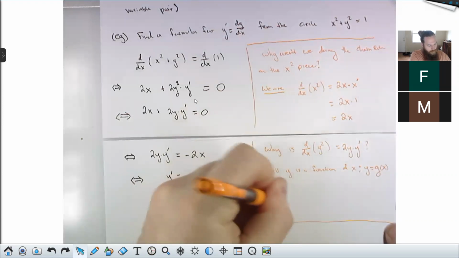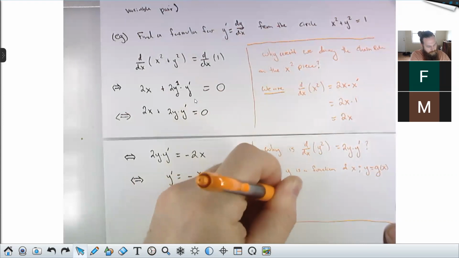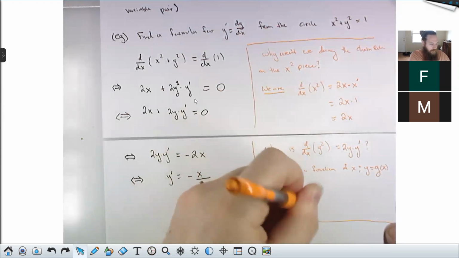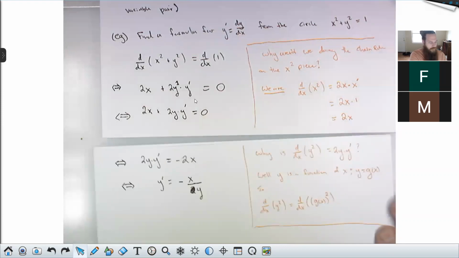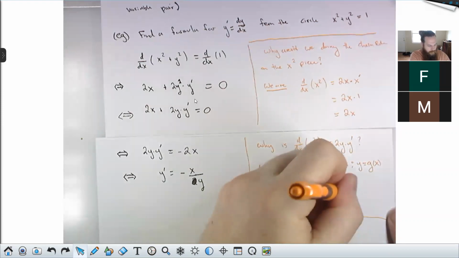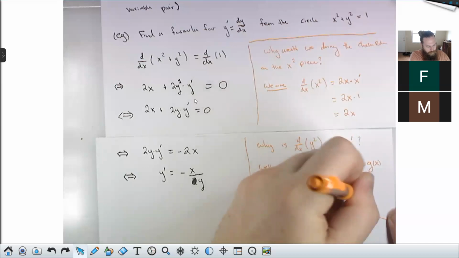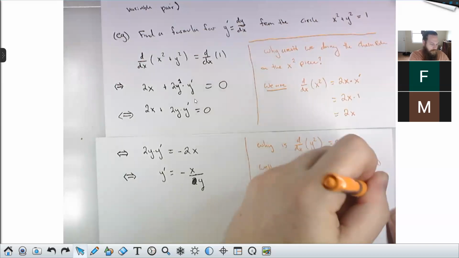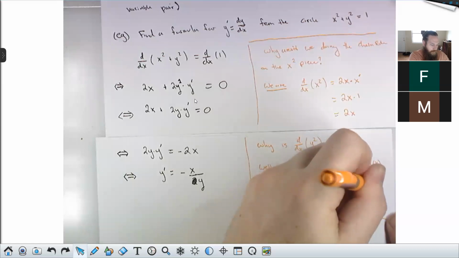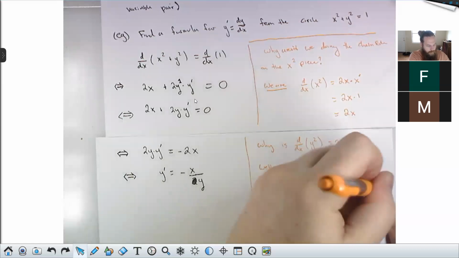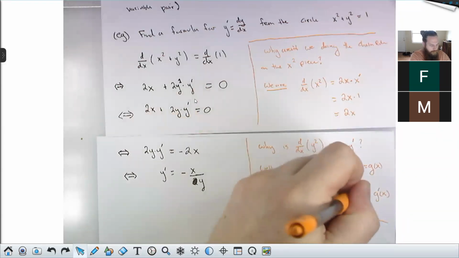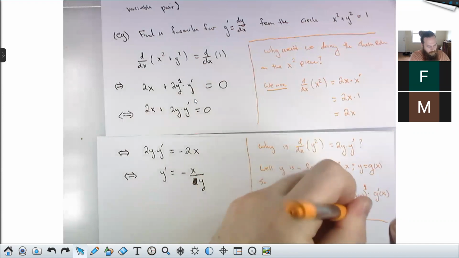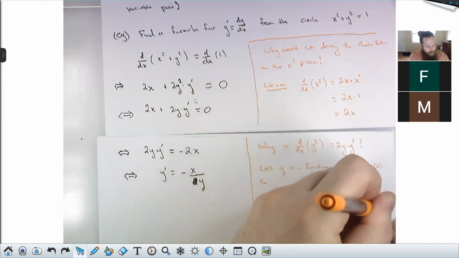So d dx of y squared is really d dx of g of x all squared. And now if we differentiated this thing using the chain rule, I think we all agree we would get 2 times g of x to the 1. All right, the 1 here is a nice obvious 1, times g primed of x, right? That's how the chain rule would work here. So that's 2y times y primed.